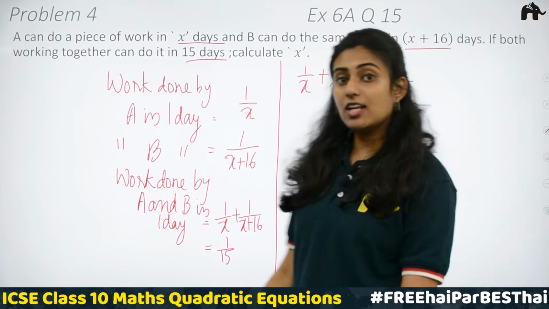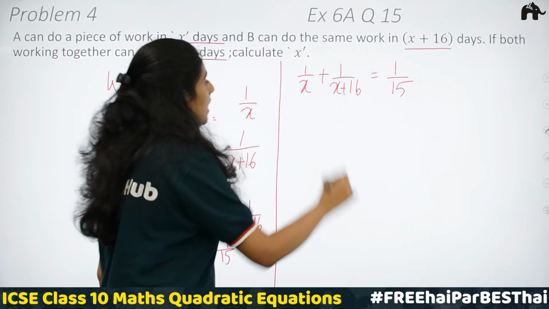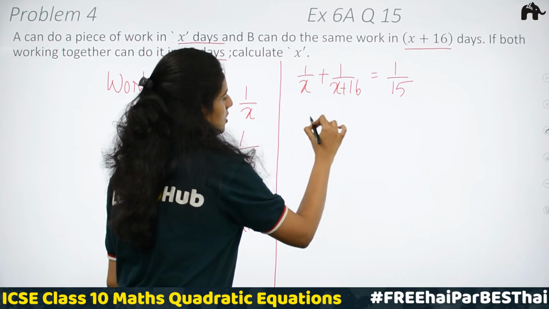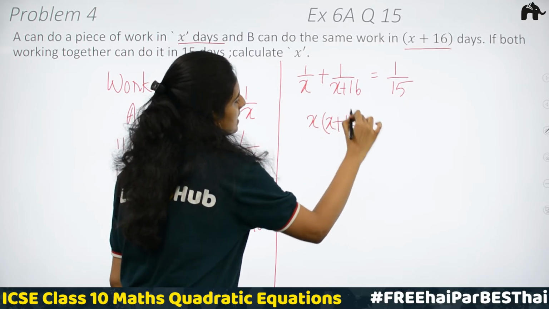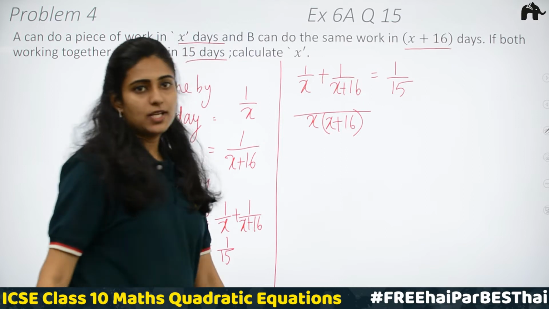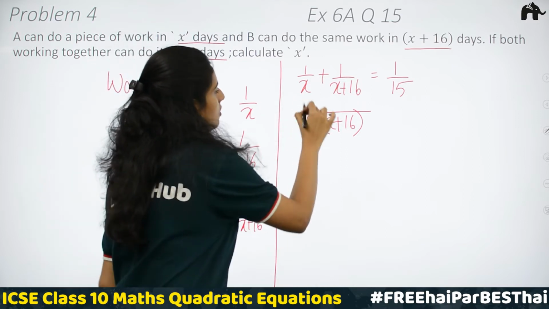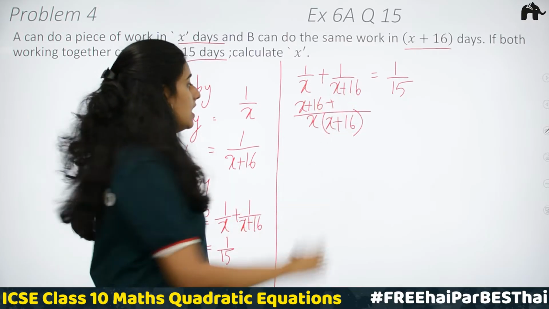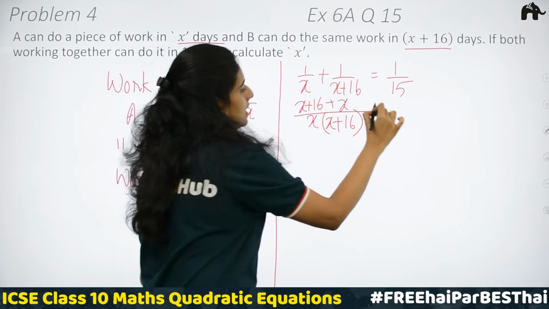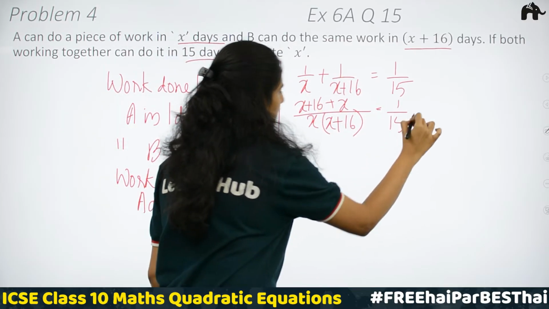From this, we can develop a quadratic equation. Taking the LCM of these denominators, x into x plus 16. What about the numerator? Here we have x, therefore x plus 16 comes here. Here we have x plus 16, x into 1, x is equal to 1 by 15.